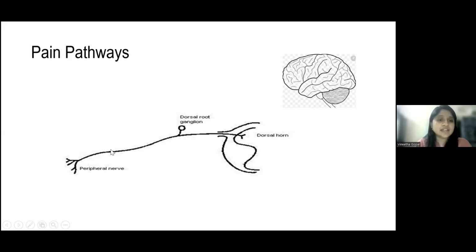One part of the axon carries the information from the periphery, and the second part gives the information to the dorsal horn of the spinal cord. From there, it is projected to the brain. The dorsal horn neurons are also known as projection neurons. These are the second order neurons in the spinal cord dorsal horn, and they project to the cortex, the brain.